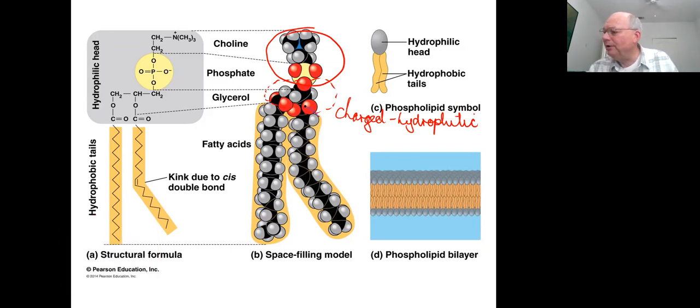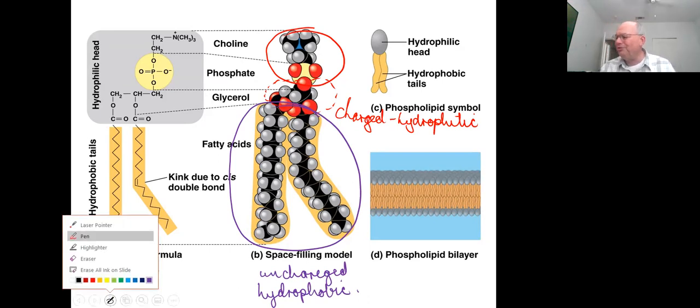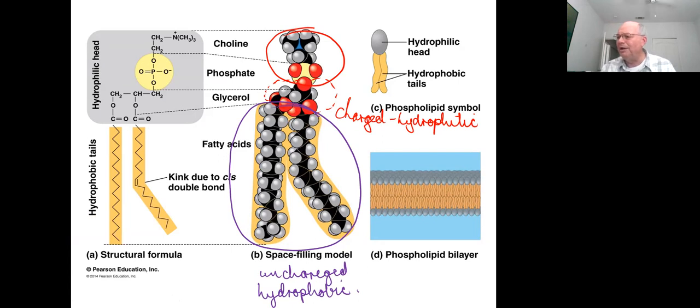The fatty acid region down here, this is uncharged. And it's hydrophobic. So you've got a molecule that contains both a hydrophilic region and a hydrophobic region. And molecules with this sort of conformation are said to be amphipathic.